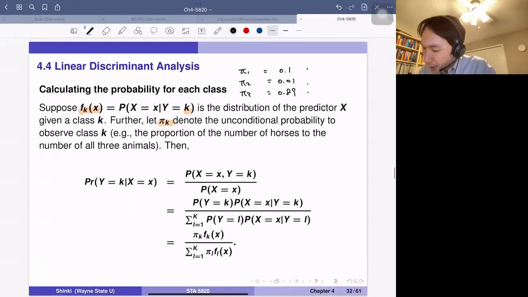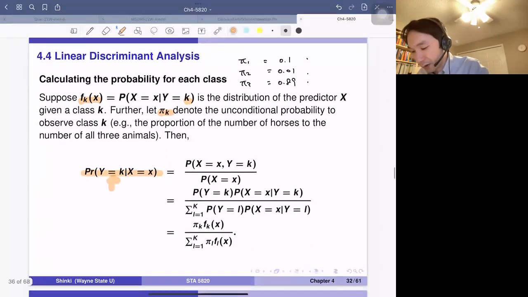So if we consider this f sub k of x and pi k, how can we calculate this? Given an x value, given weight or given neck length, how do we decide whether the animal is a giraffe, deer, or horse? At first we just apply the definition of the conditional probability here.